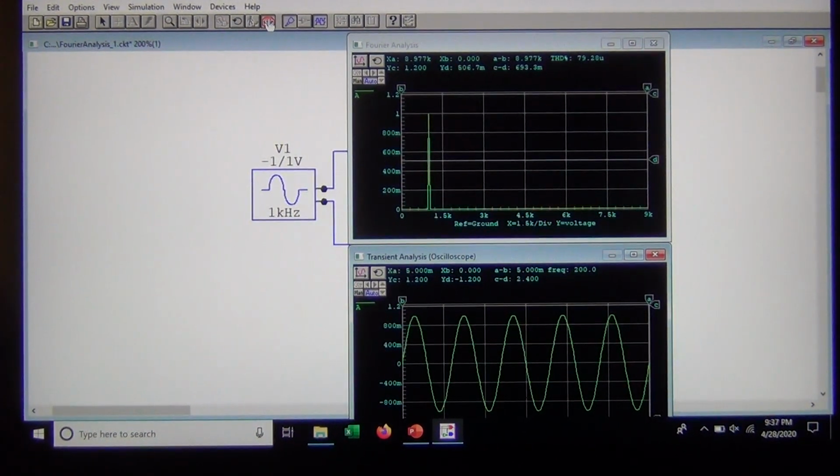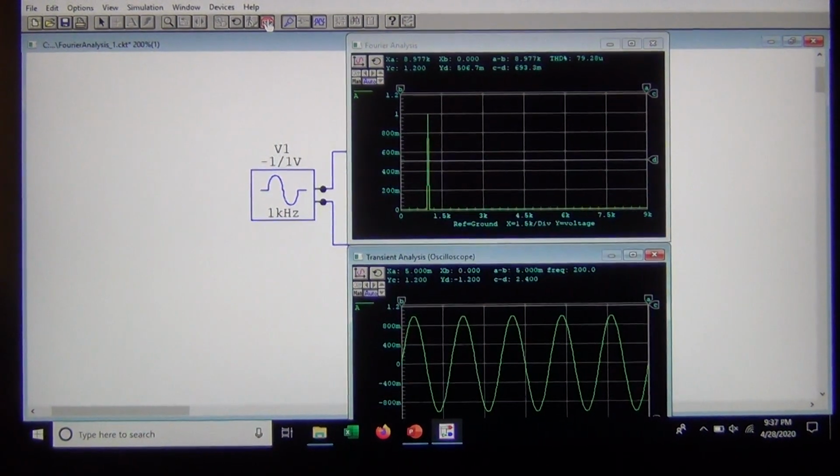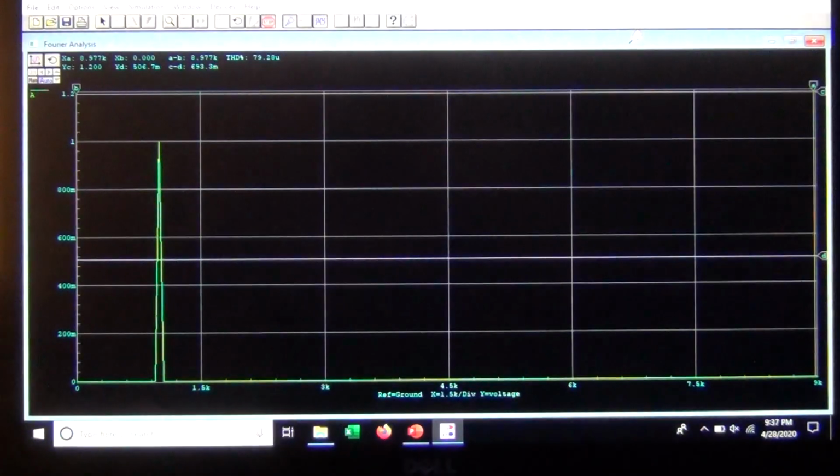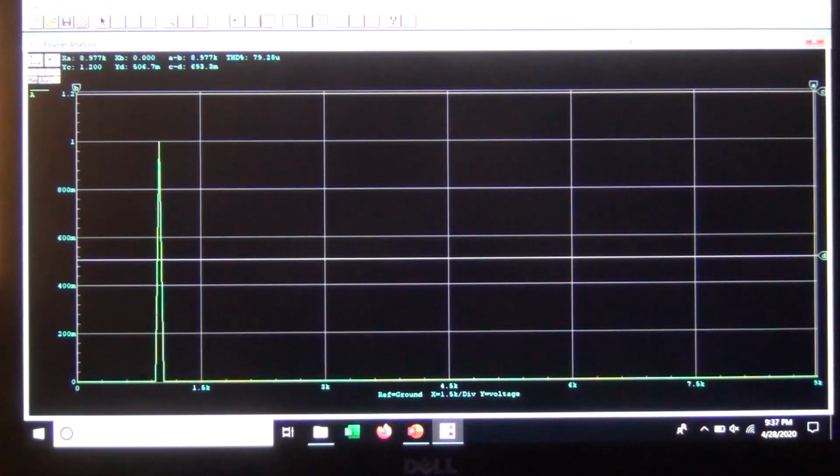In the case we see here, it turns out that the sine wave is just a pure sine wave at 1 kilohertz. Let's blow up the Fourier analysis, and what we see is across the left hand scale we have a voltage. 1.2 volts is the top, and 1 volt is the peak of the green spike.